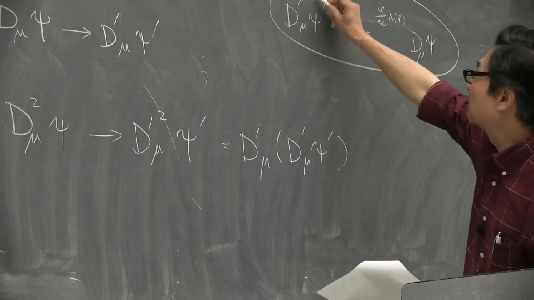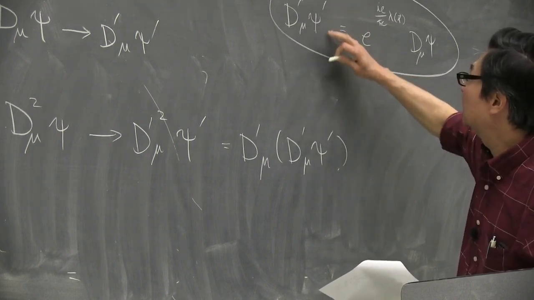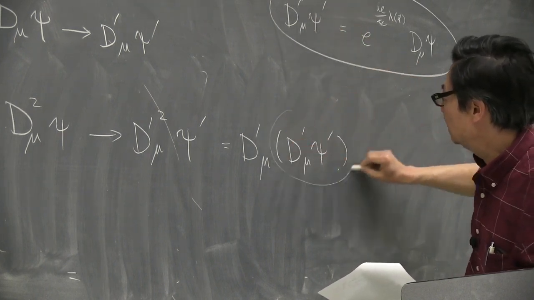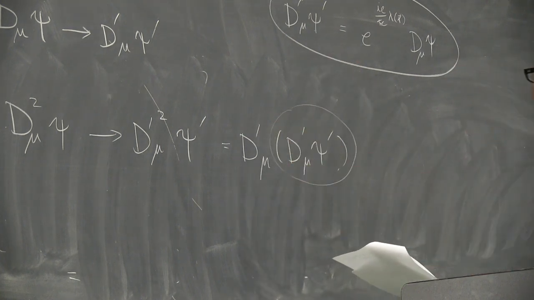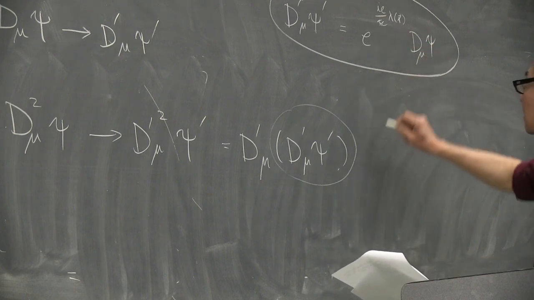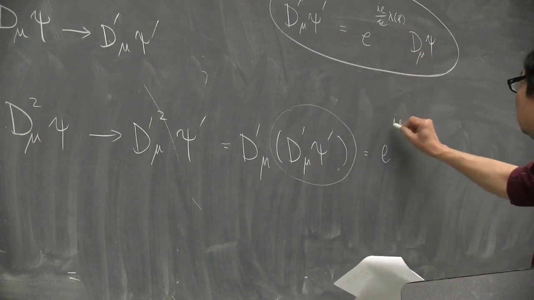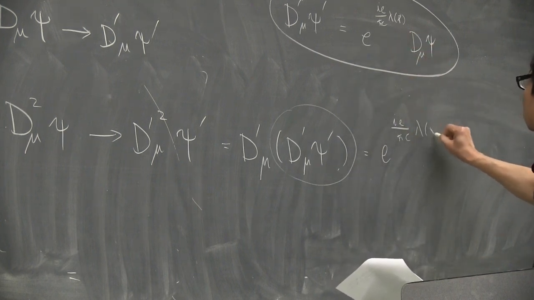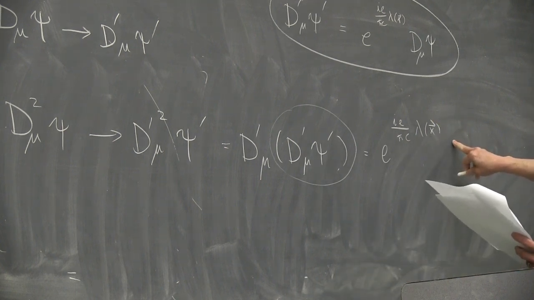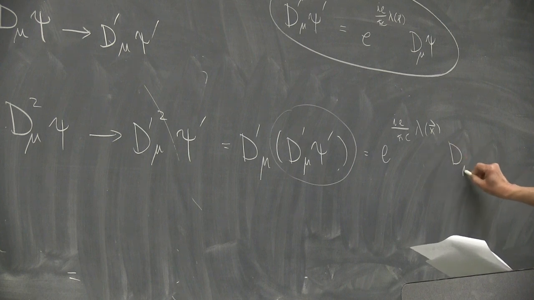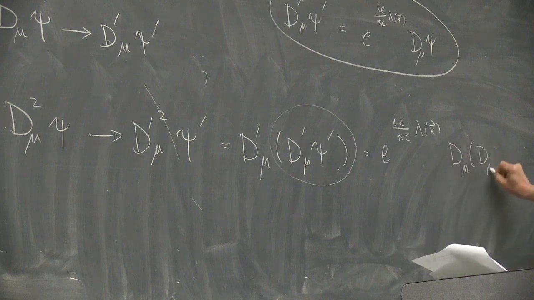D'_μ of some kind of wave function in the other gauge. Let's treat this whole thing as under the D'_μ in here. That is just simply e to the iE/ħc λ multiplied by what? D_μ ψ, right? See what's happening in here?